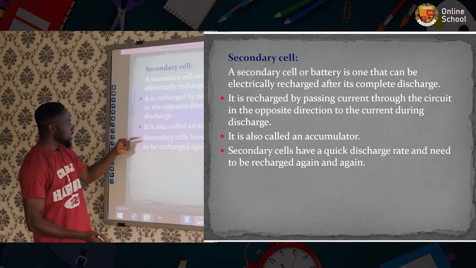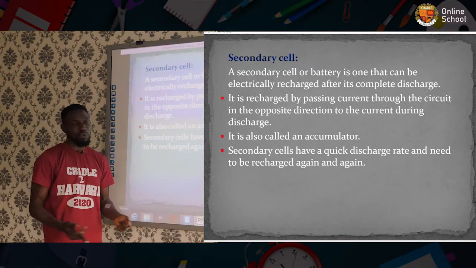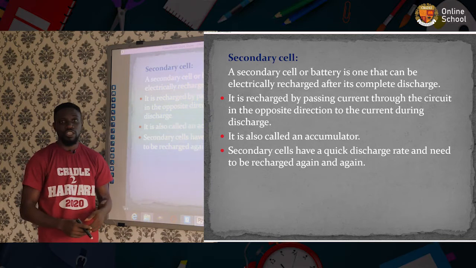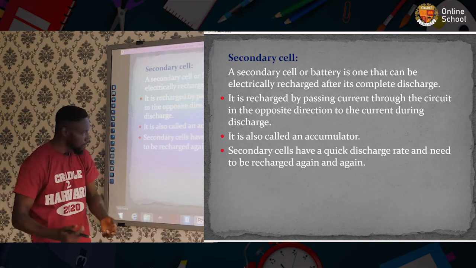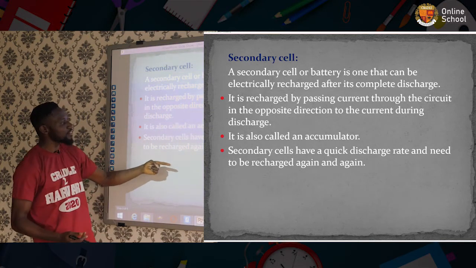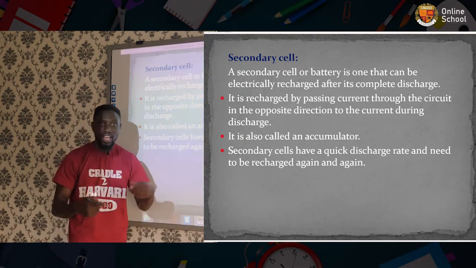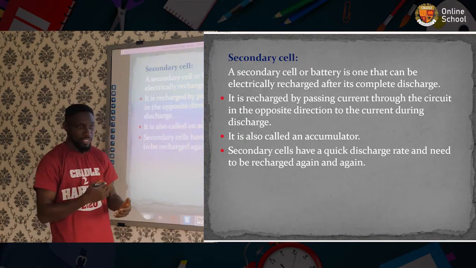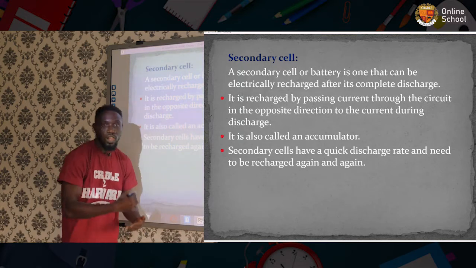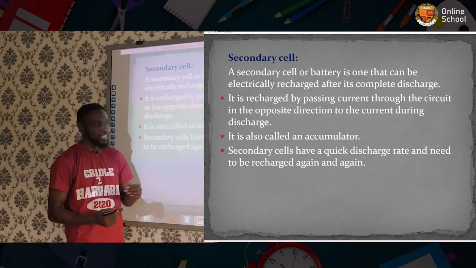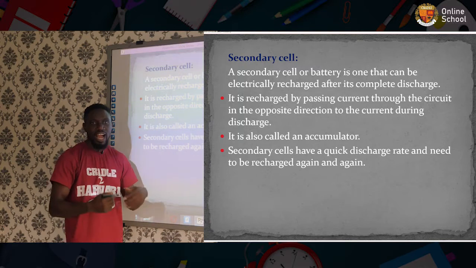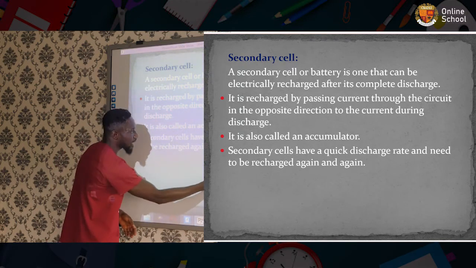It is also called an accumulator. So when you hear the word secondary cell or accumulator, they mean the same thing. Secondary cells have a quick discharge rate and need to be recharged again and again. Just like I told you, a primary cell discharges slowly, while a secondary cell, on the other hand, discharges very fast and you need to recharge it again and again.